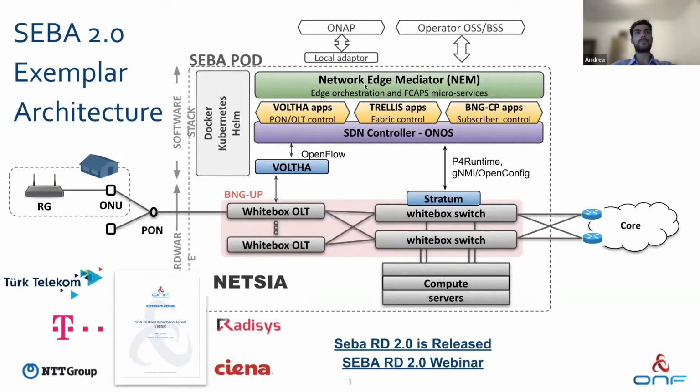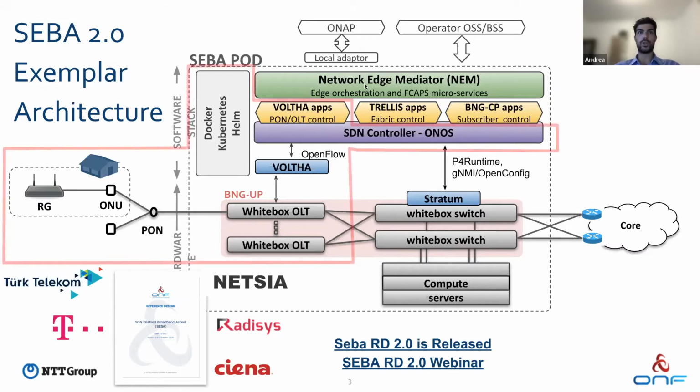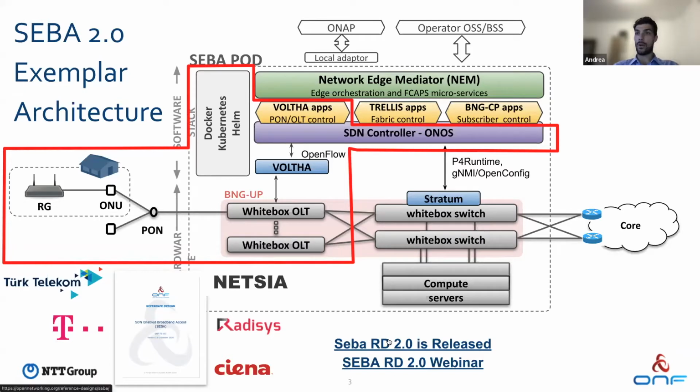It describes an architecture that encompasses all the different technologies to provide a software-defined broadband access solution. Today, we are going to focus more on the network controller and the disaggregated OLT management software, which is called VOLTHA. You can go and read about the CIBA reference design in the two links I have added down below here.